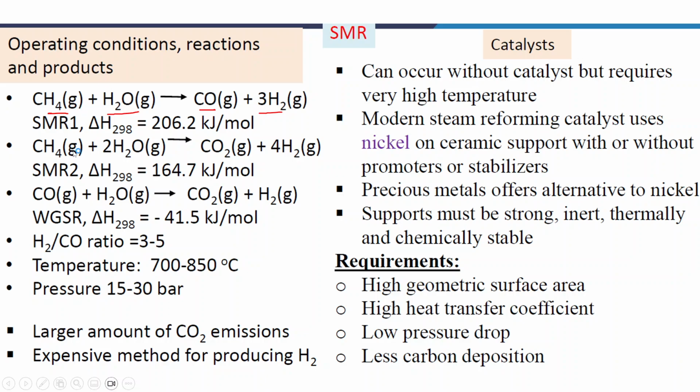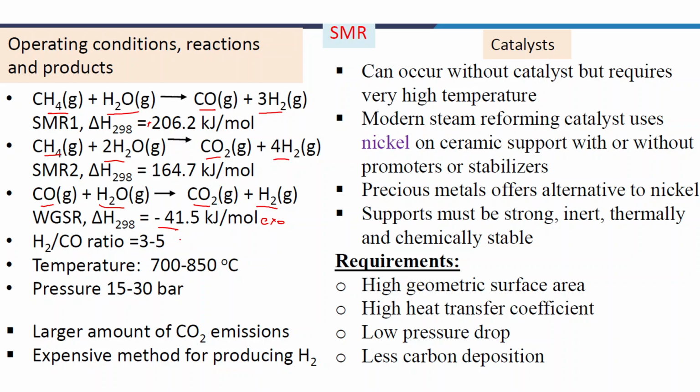Steam methane reforming: methane reacts with H2O to give carbon monoxide and hydrogen, which is seen to be an endothermic reaction, as it is plus. Further, this methane reacts with excess steam to give carbon dioxide and hydrogen, which is also an endothermic reaction. Then the water gas shift reaction also takes place, where this carbon monoxide further reacts with steam to give carbon dioxide and more hydrogen, which is an exothermic reaction here.